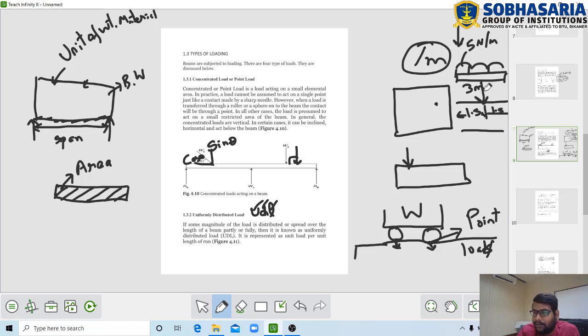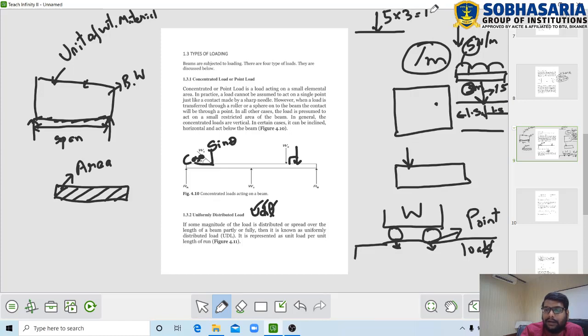And what will be the value of the point load? That will be the load multiplied by its distance, so it will be 15 Newton. 5 times 3 is 15. After converting the UDL to a point load, the value of the point load will be 15 Newton, 5 into span of 3 meter.